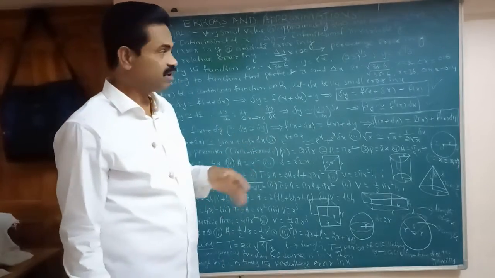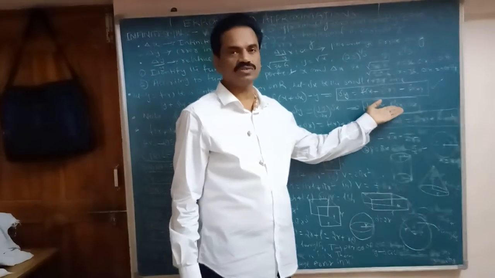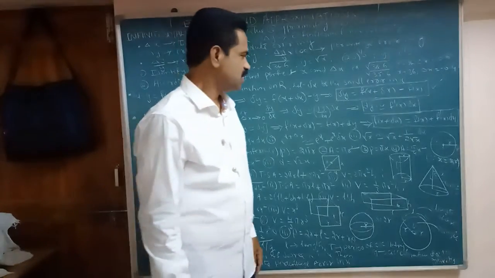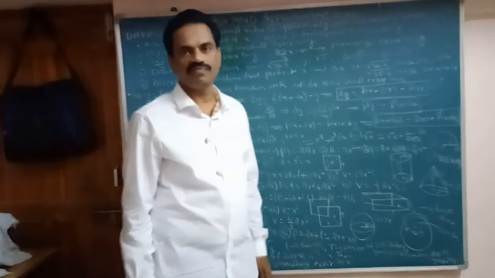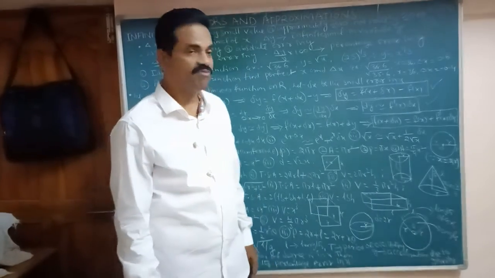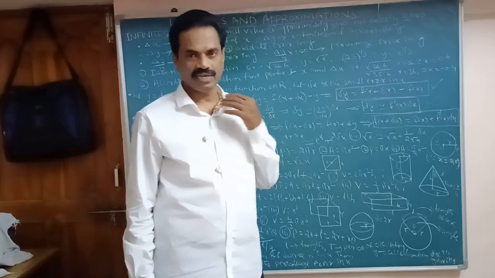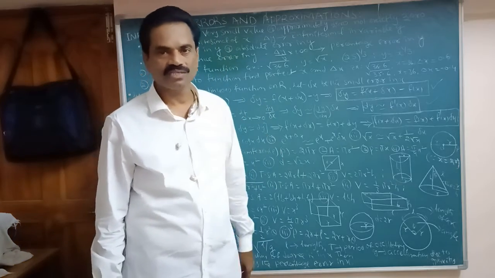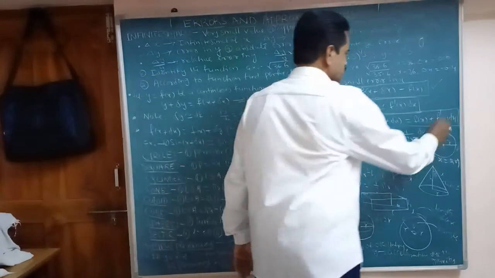What is dy? That is f dash x into delta x. So the third formula is f of x plus delta x equal to f of x plus f dash x into dx. To find the approximate value, we use this formula.